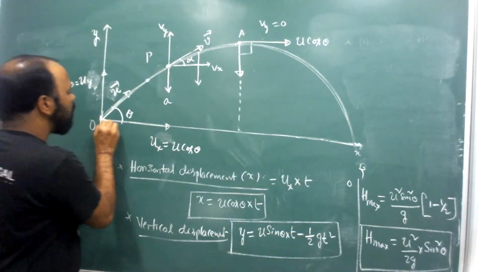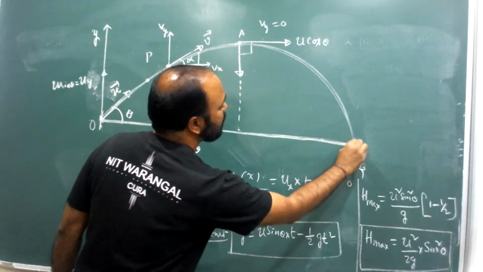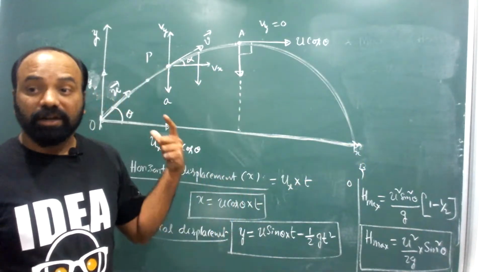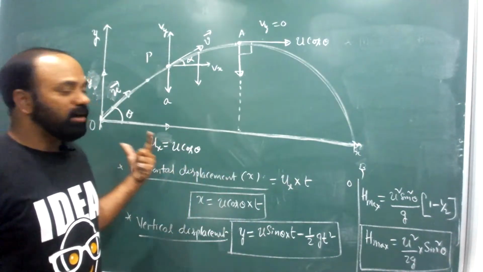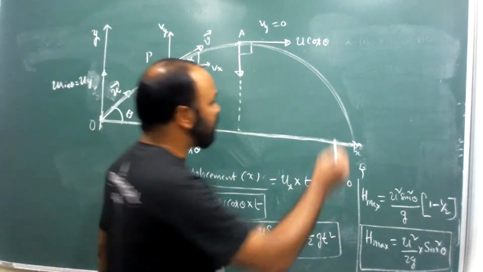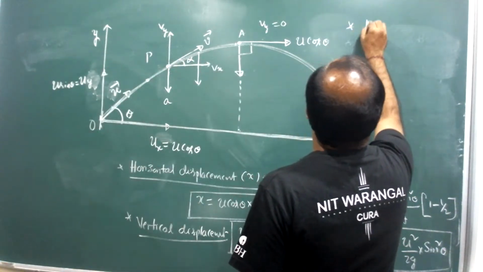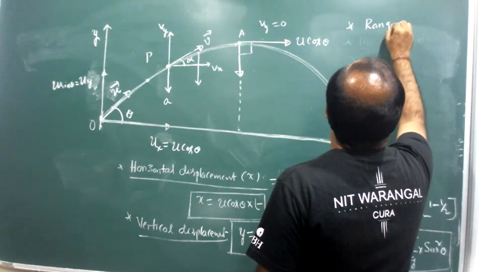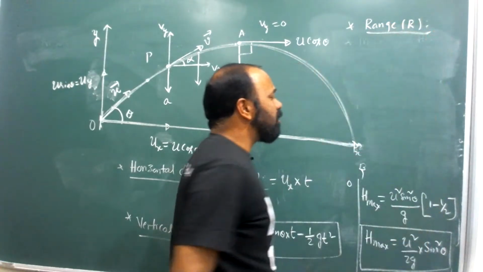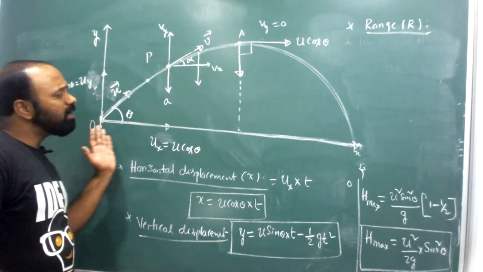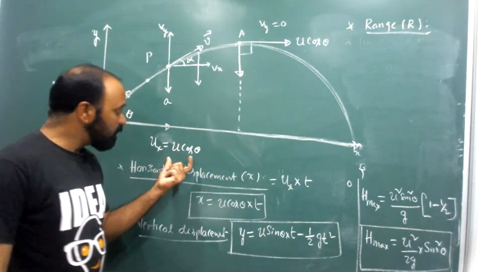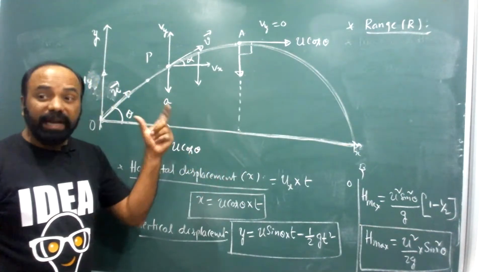Sometimes they will ask how much distance is traveled in the horizontal direction. The horizontal displacement is nothing but the range. The horizontal displacement of the projectile is called the range. So if they ask range, R is the horizontal velocity u cos theta into time.